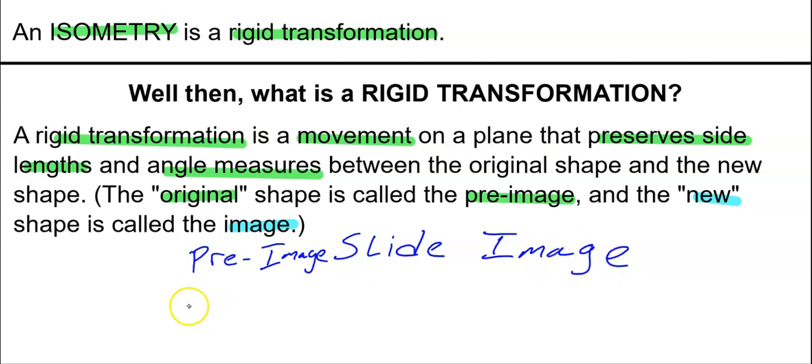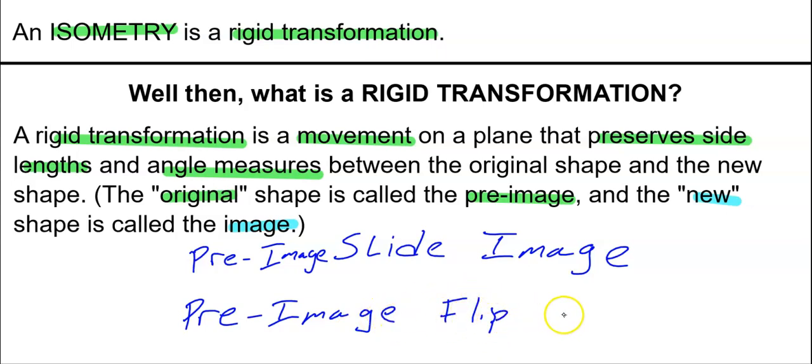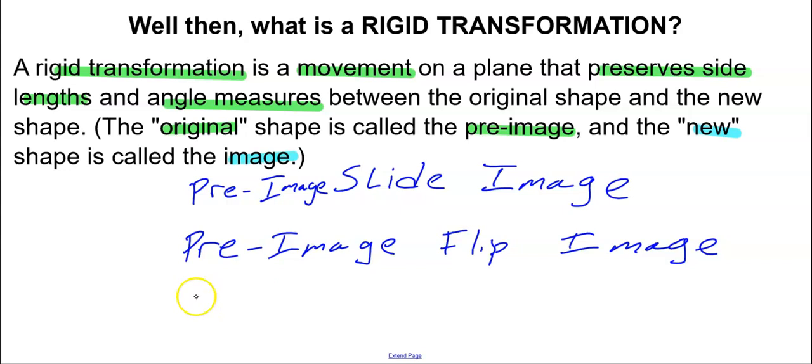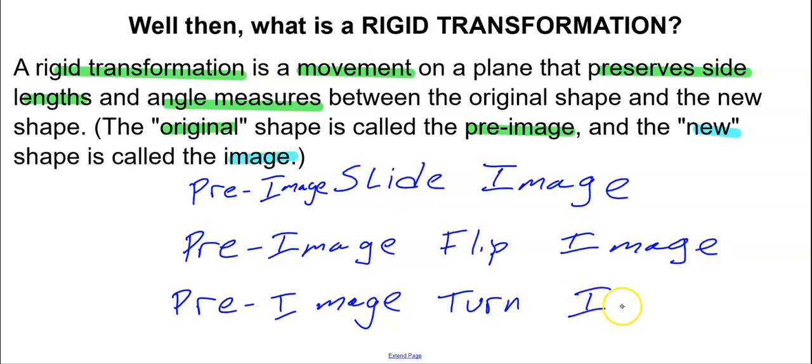We are going to start with our pre-image. This is the shape before, and we're going to see that when we start our lesson. So we're going to have our pre-image, and we can flip it, and that'll give us my image. These are all examples of an isometry, a rigid transformation. I can also start with my pre-image and turn it, and that will give me an image.